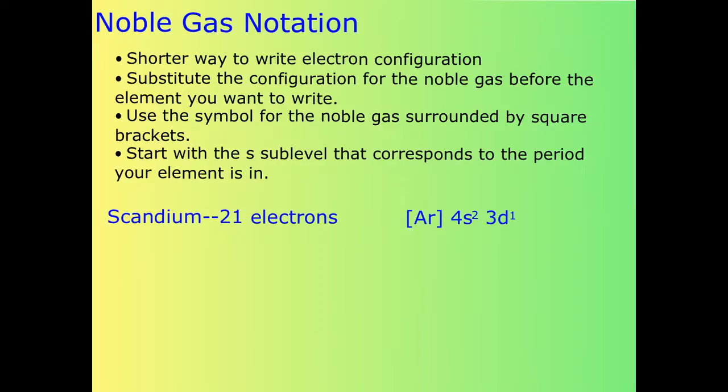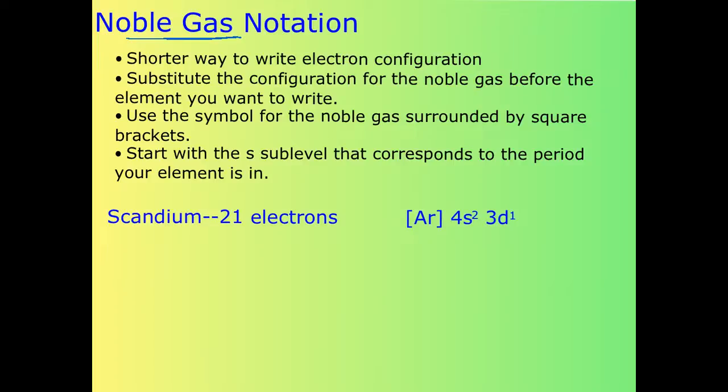So in this last shorthand notation, we call this noble gas notation. Noble gases are called that because they are non-reactive, and they are non-reactive because they have all of their energy sublevels totally full. So it is a shorter way to write the electron configuration.